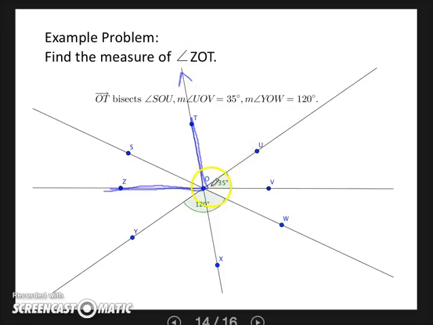If this ray bisects this angle, that tells us that the two halves of this angle, SOU, must be congruent. So I'm going to mark those as congruent to each other. So we've used this piece of information.